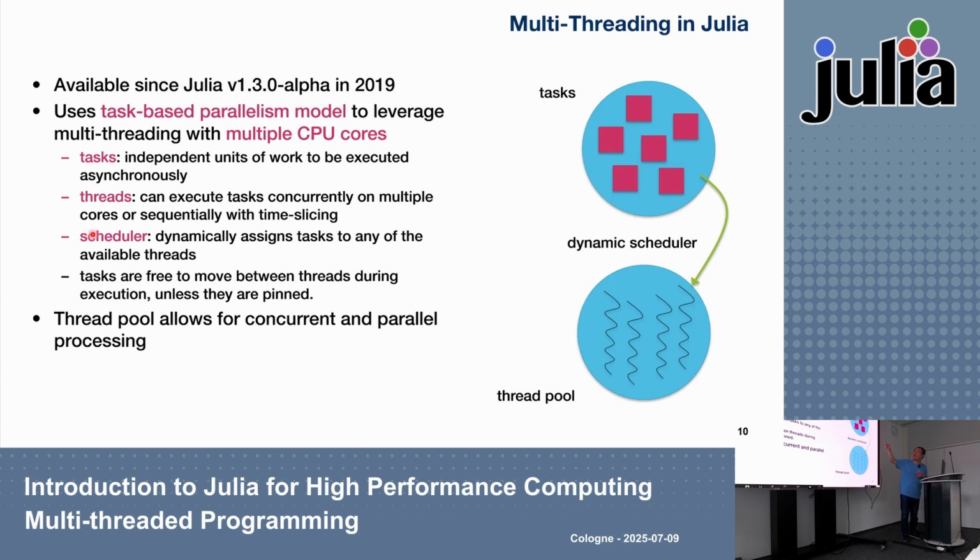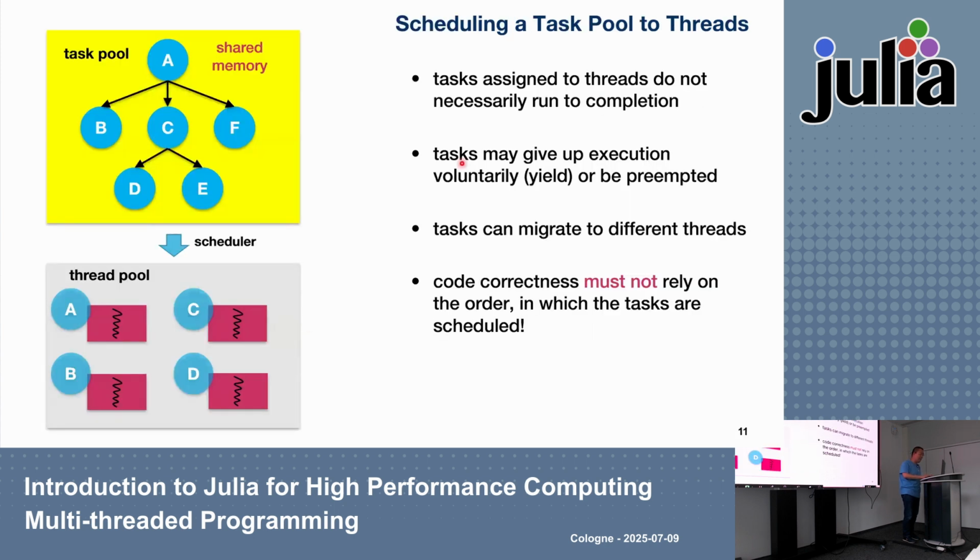Therefore, it's not a problem that we have more tasks but fewer threads, because all the management is handled by the dynamic scheduler. The thread pool allows the concurrent execution of those different tasks. So this is a very high-level overview.